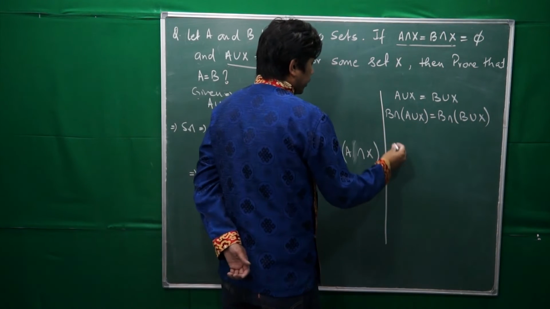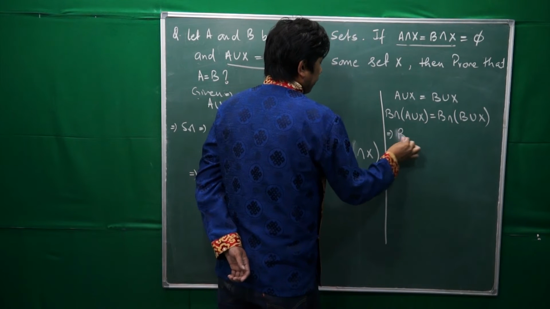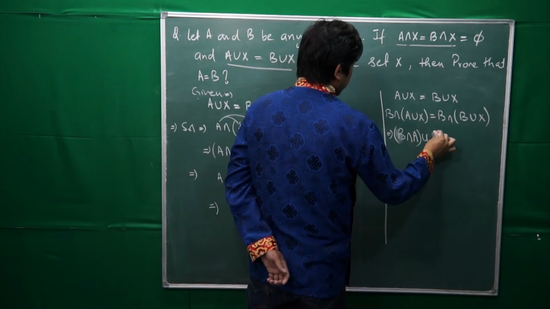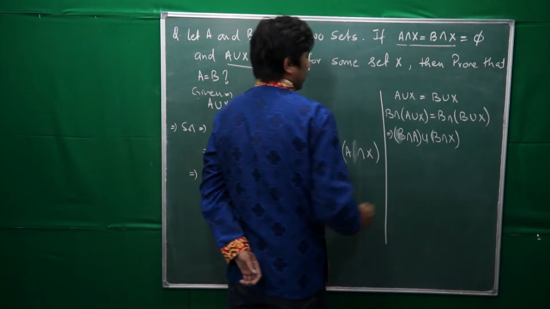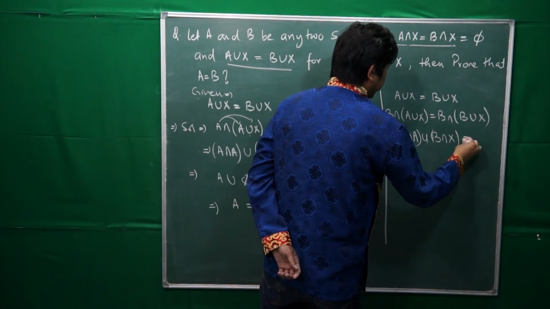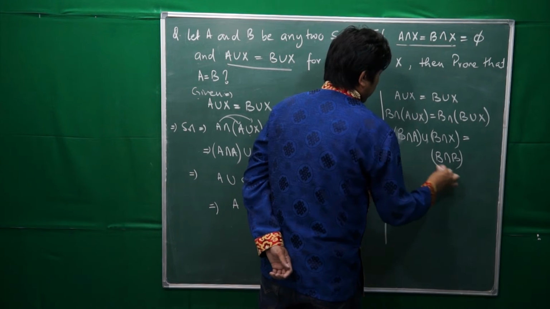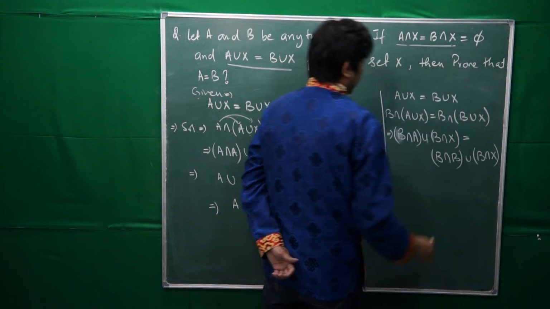Now if we use the distributive law, what will we be getting? B intersection A union with B intersection X. Okay. Now this would be equal to B intersection B union with B intersection X.